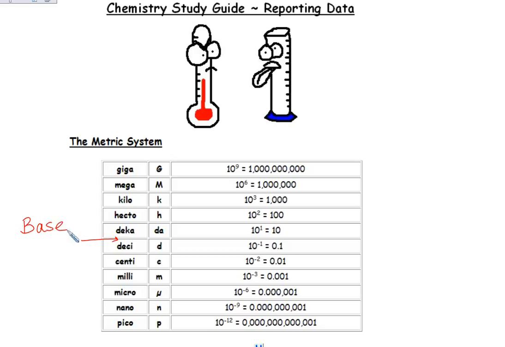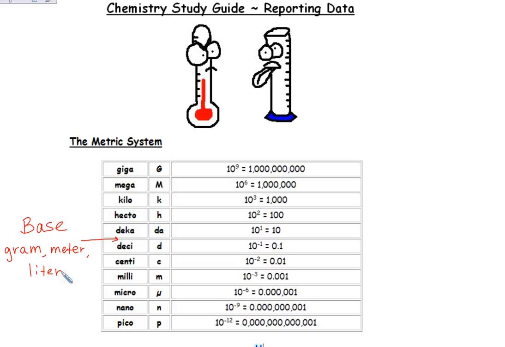The base unit would be like the gram, the meter, the liter. And from there, we'll just put a prefix in front to make it more appropriate for what we might be measuring. These metric prefixes range quite a bit. We've got giga, mega, which would be like a billion or a million, all the way down to nano and pico, which are crazy tiny.